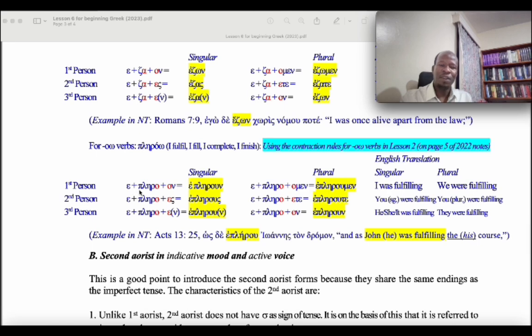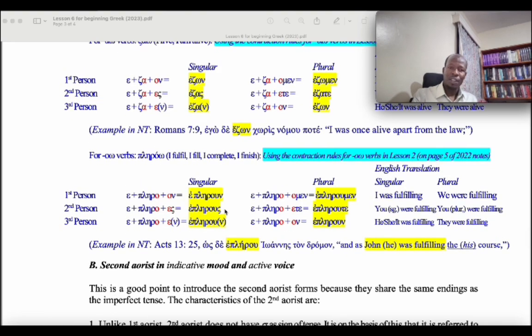Omicron plus omicron gives you the ou diphthong, and omicron plus epsilon gives the same ou diphthong. It is easier if you work with the rules. My encouragement is to go to lesson 2, page 5, and review the contraction rules.